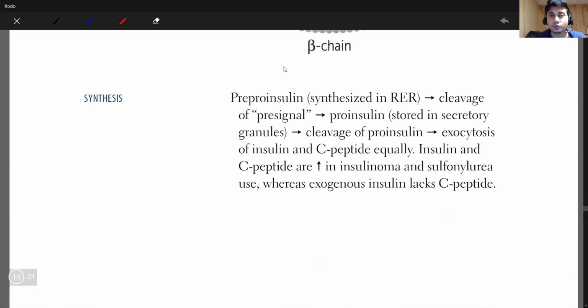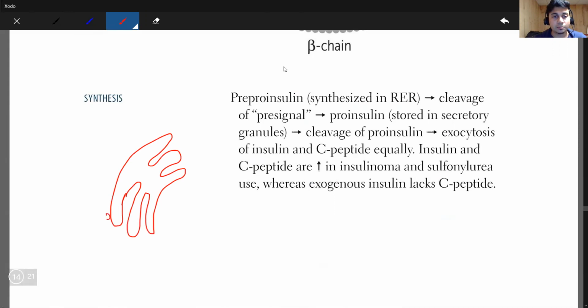Those are attached to our endoplasmic reticulum. We have two types of endoplasmic reticulum in our cell. One is a smooth endoplasmic reticulum, another is the rough endoplasmic reticulum. And this rough one is coated with these ribosomes.